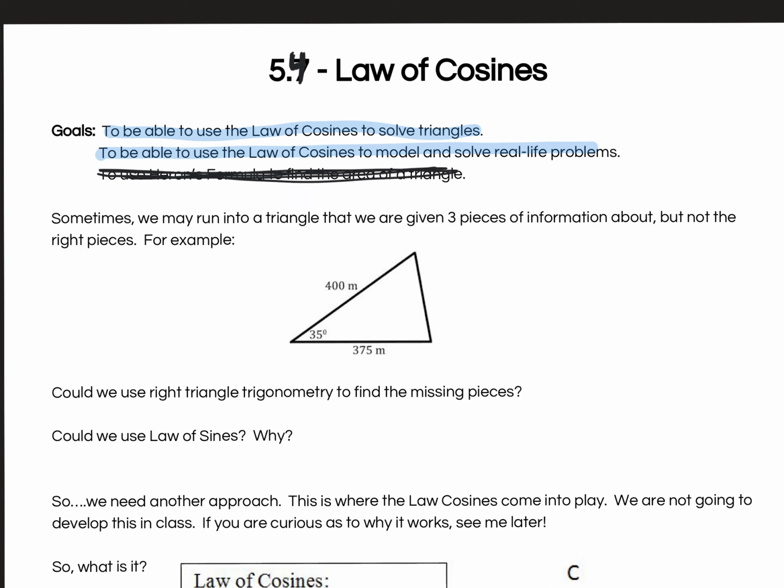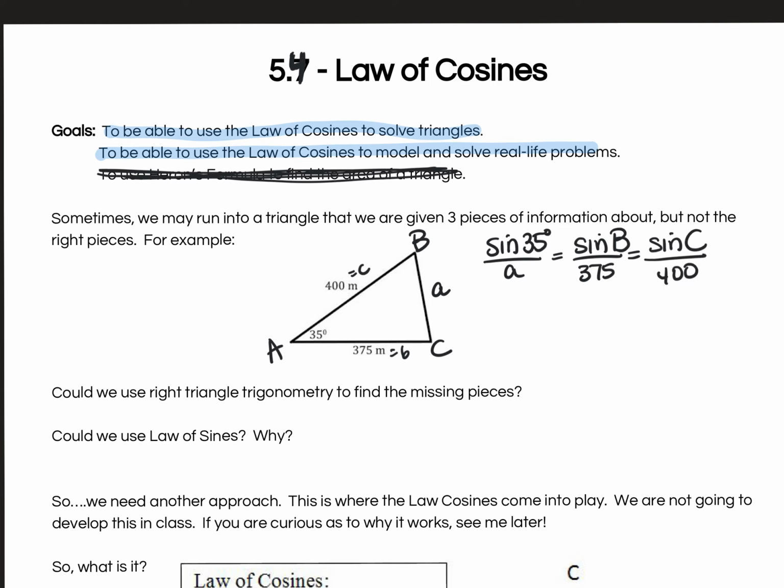If I tried to set this up using law of sines, I would have the sine of A, which is 35, over little a, equals the sine of B, we don't know that, over 375, equals the sine of angle C over 400. Hopefully you realize we don't know one complete ratio, therefore we can't use law of sines here. So it sort of limits what we can do.